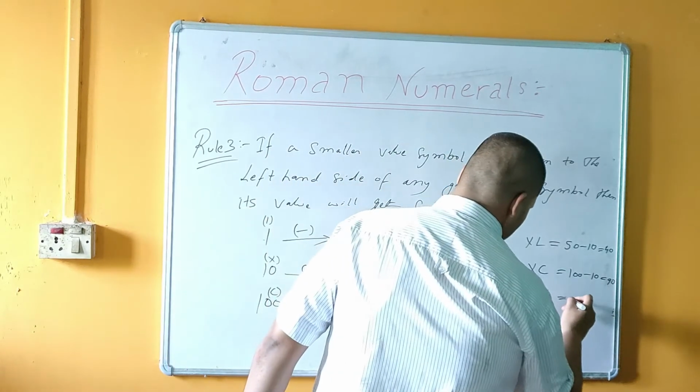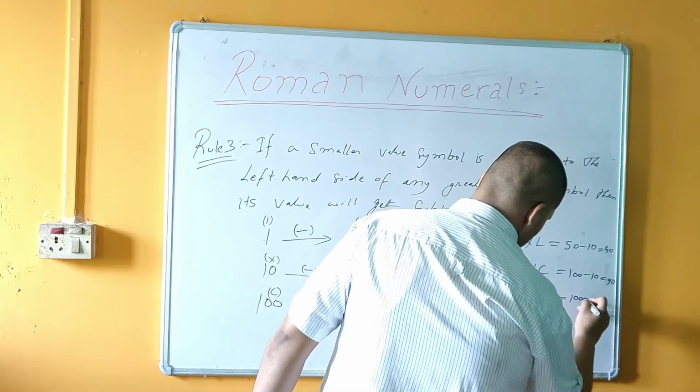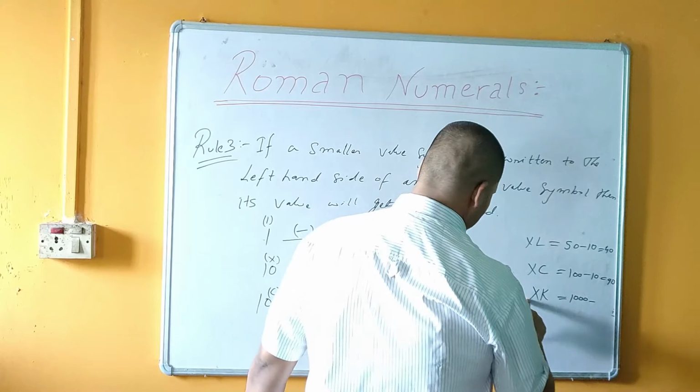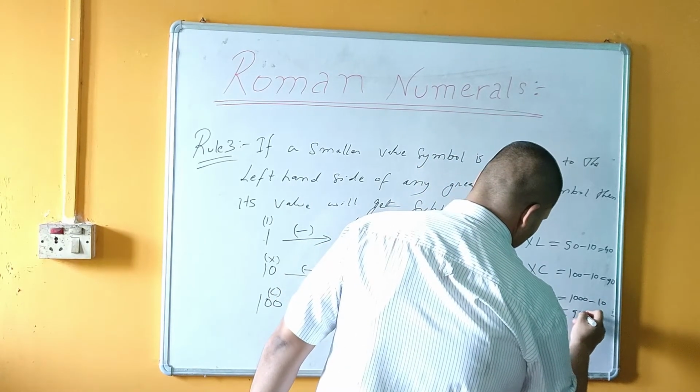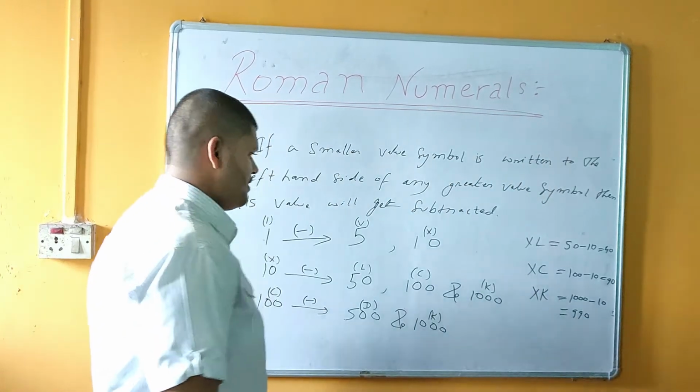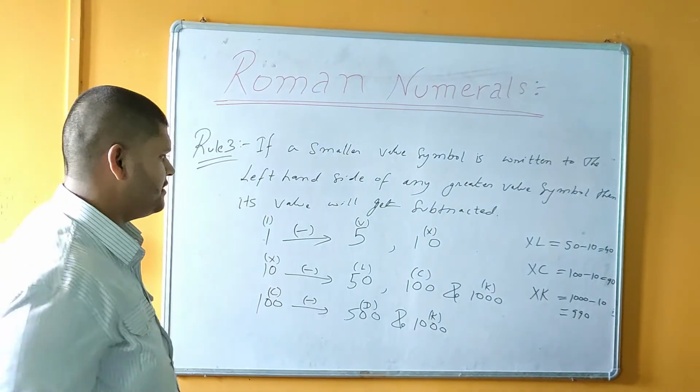So it will be 1000 minus 10. It is nothing but 990. I hope you are clear with this.